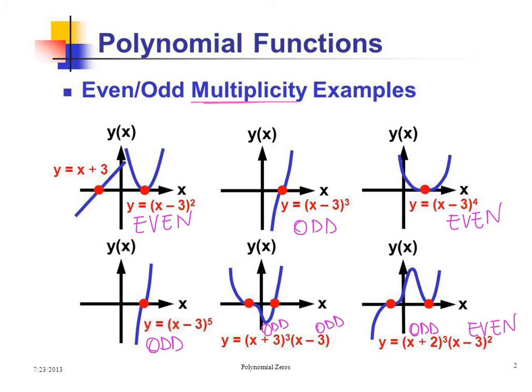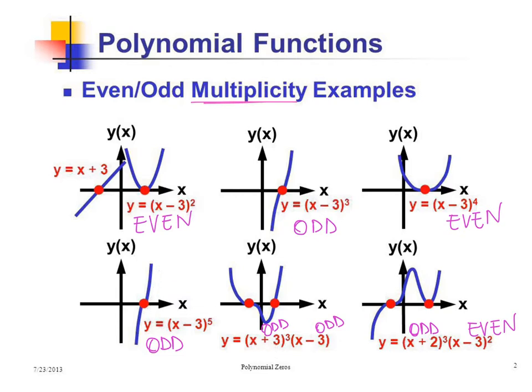If I look at another example of even, which is over here, it's going to do the same thing. It's going to touch it and go back up. Same thing over here, touch it, go back up. Now if I look at an odd example, which is the power of 3 right here, I see that it comes up, touches it, and goes through. Same thing down here. Touches it, goes through.